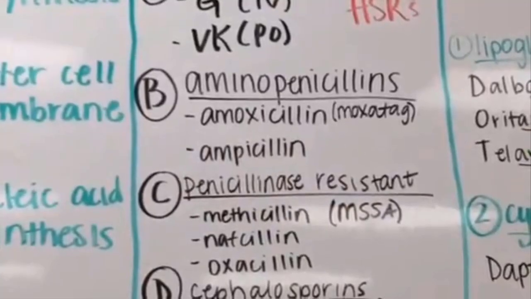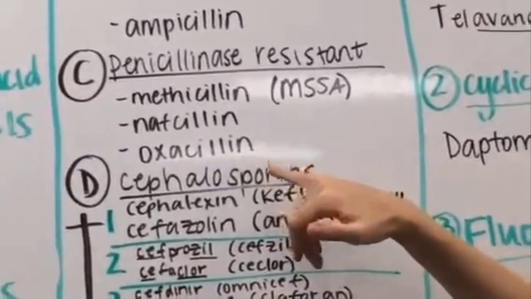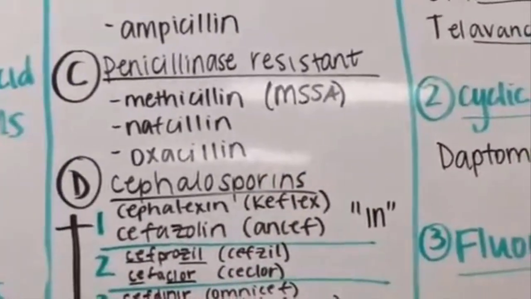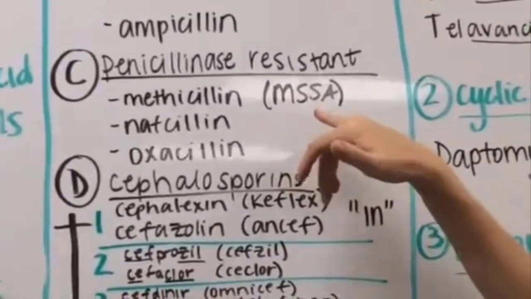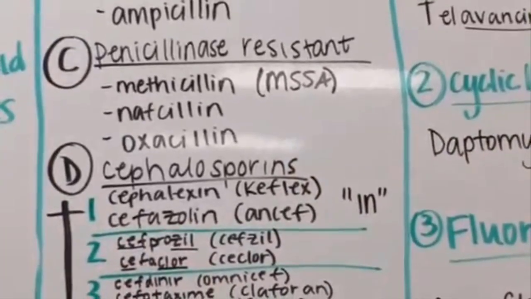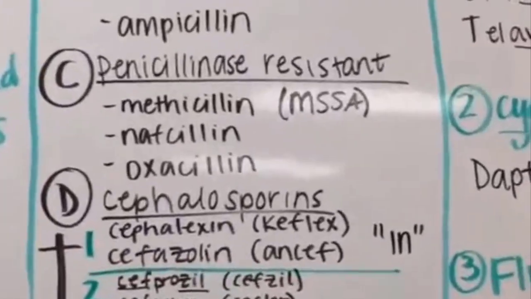Then we have our penicillinase-resistant penicillins, so our methicillin, nafcillin, and oxacillin. And how I remember these three is we think of methicillin when we're thinking of methicillin-sensitive Staph aureus. So that's a specific type of bacteria that we're treating. So then we have our nafcillin and our oxacillin.